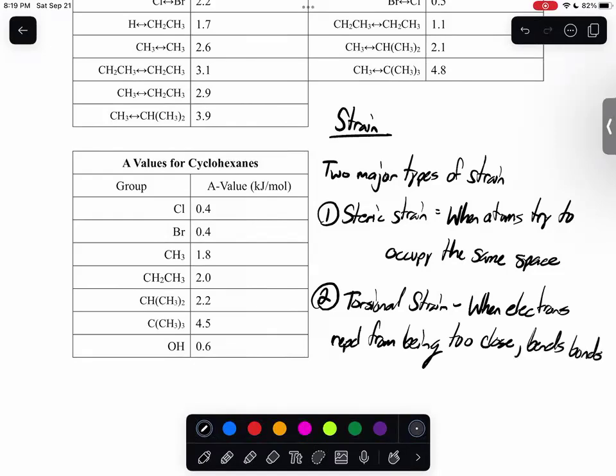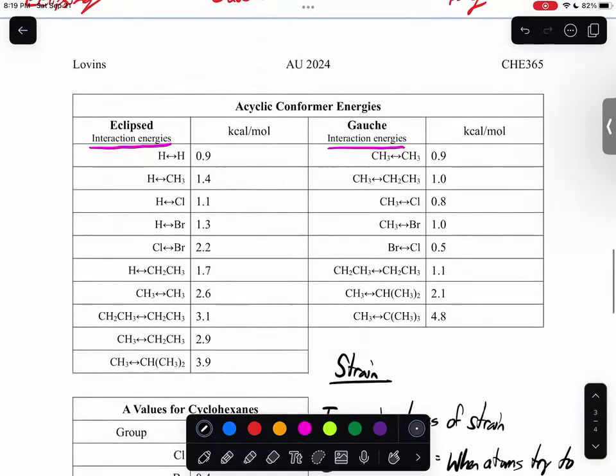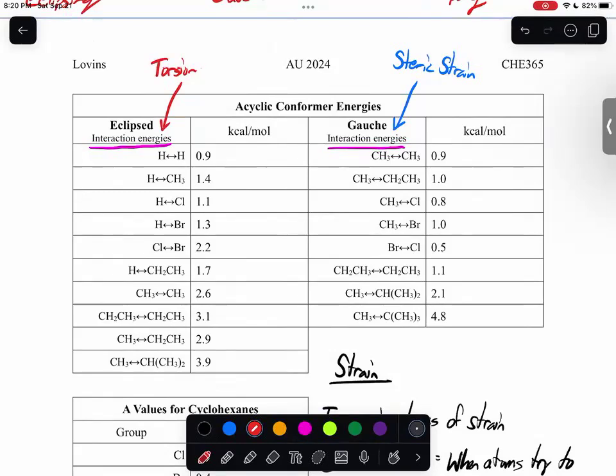All right. And so when we look at these interaction energies, which we're going to talk about more in depth in just a second, essentially what you're going to see is that these gauche interaction energies are primarily due to steric strain, right? It is due to atoms trying to be in the same place. However, when you look at these eclipsing energies, usually these are still due to steric strain, but moreover, torsional strain.